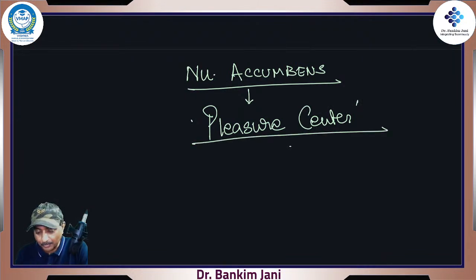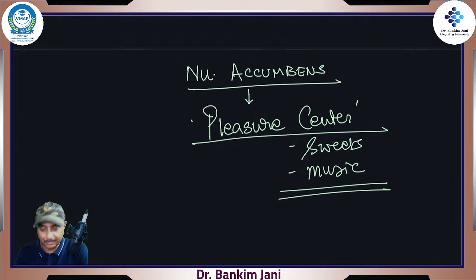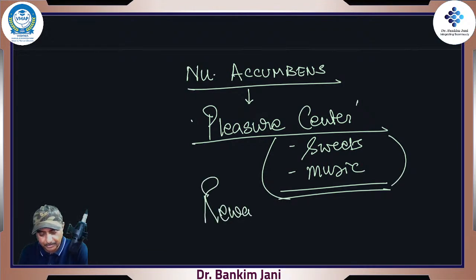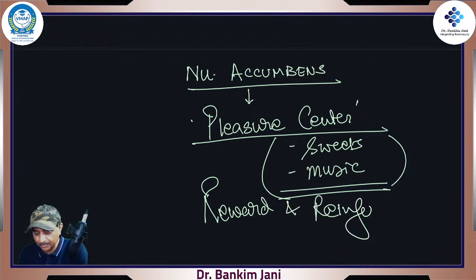Right? So when you eat something, like sweets, or you listen to your favorite music, all those things are enjoyed by this nucleus accumbens. So that's why it is said that it can be a part of reward and reinforcement.